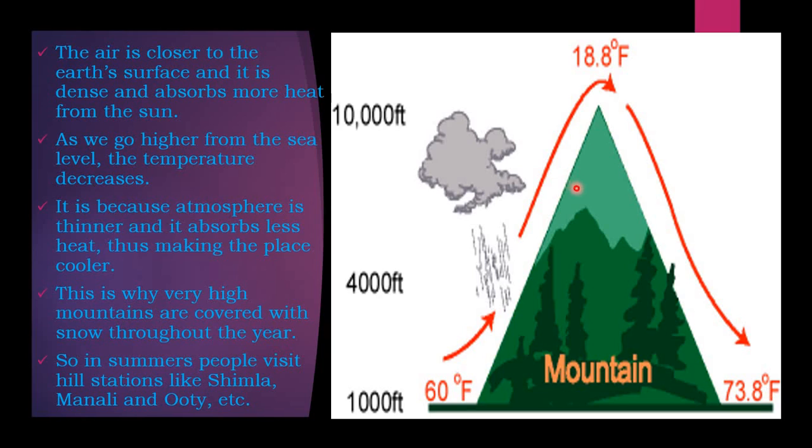So this is the range of the mountain and the level of the mountain. So the people who are closer to the Himalayas and the mountains experience this type of temperature.